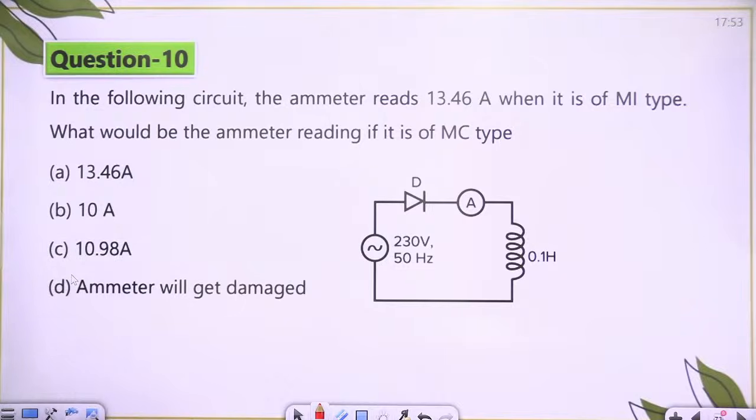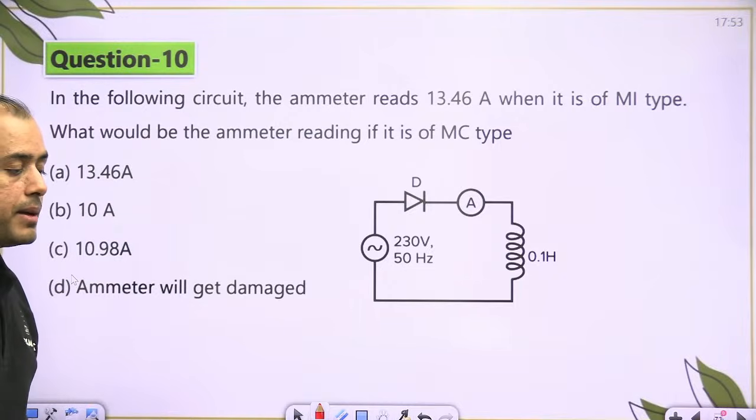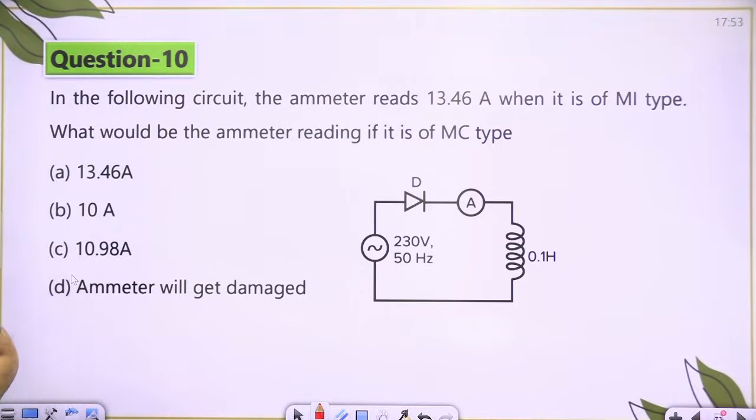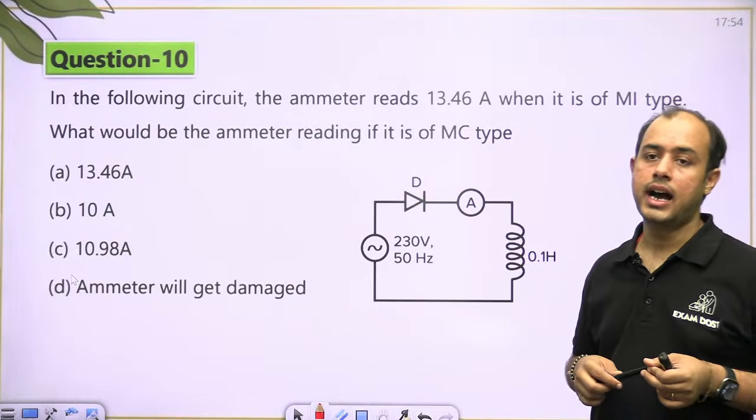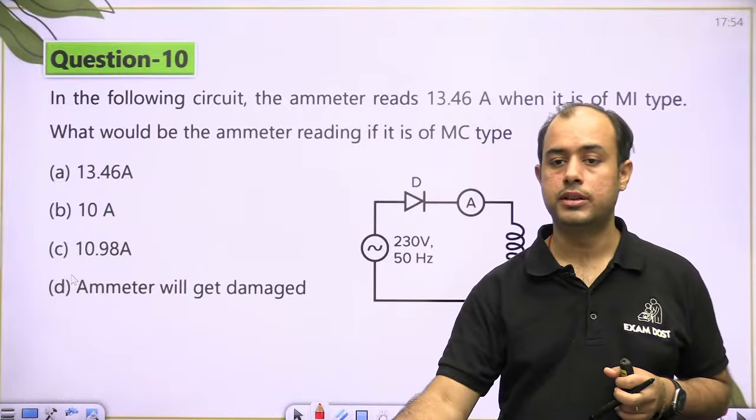Find the reading of the ammeter if it is of MC type. MC माने moving coil. If the reading is 13.46 for moving iron. I am giving you the reading of moving iron. I need the reading of moving coil. This is a diode with a purely inductive load.